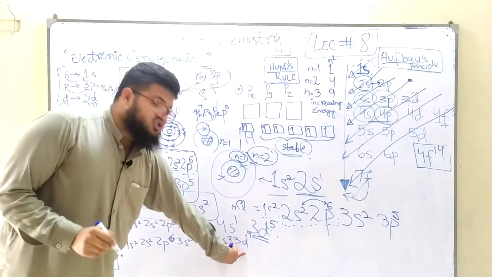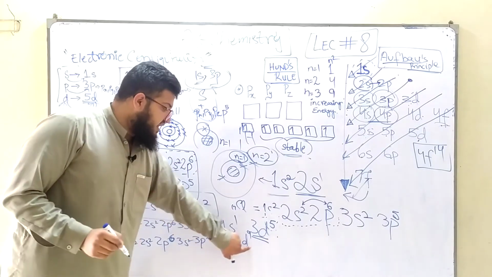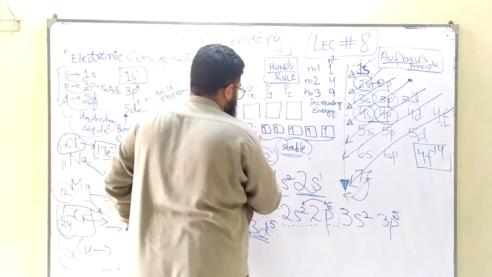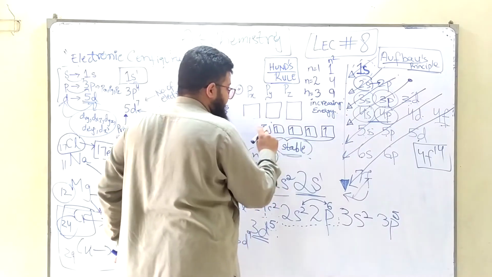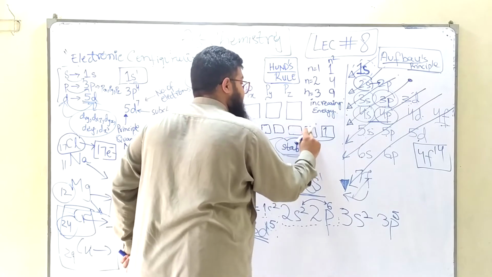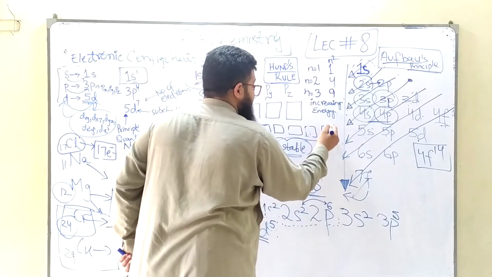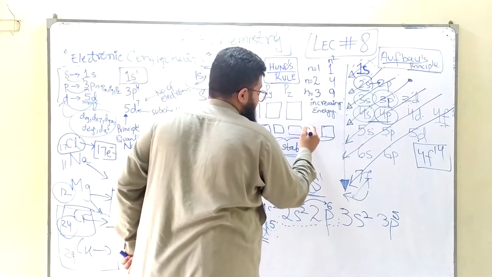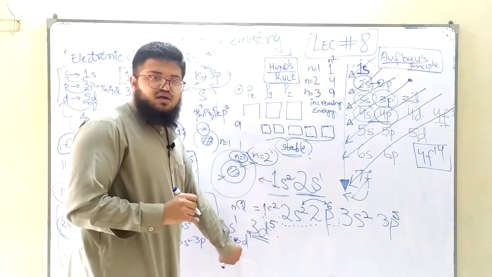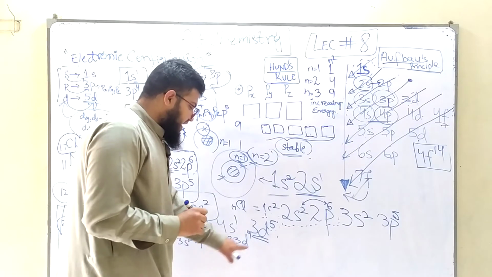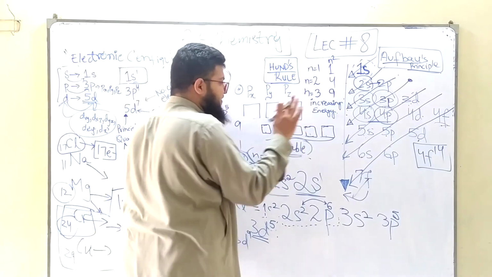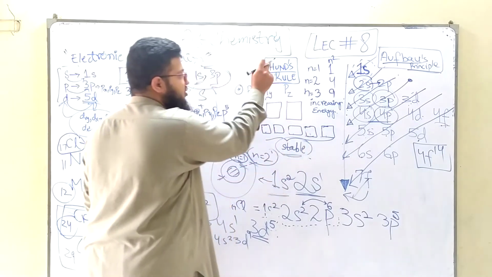But in this case, the 3d9, if I were to draw it in, let's assume that these 5 orbitals are for copper. In the D subshell we've got a maximum of 10 electrons that we can accommodate, right? But we've got only 9 electrons over here in the 3d. The 9 electrons in this present state of copper, how are we going to fill them in according to Hund's rule?